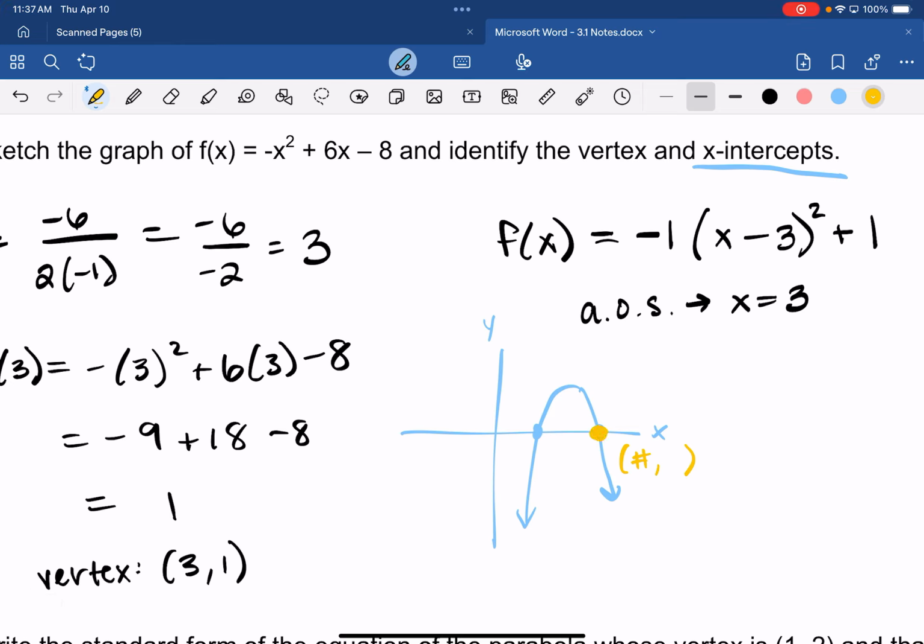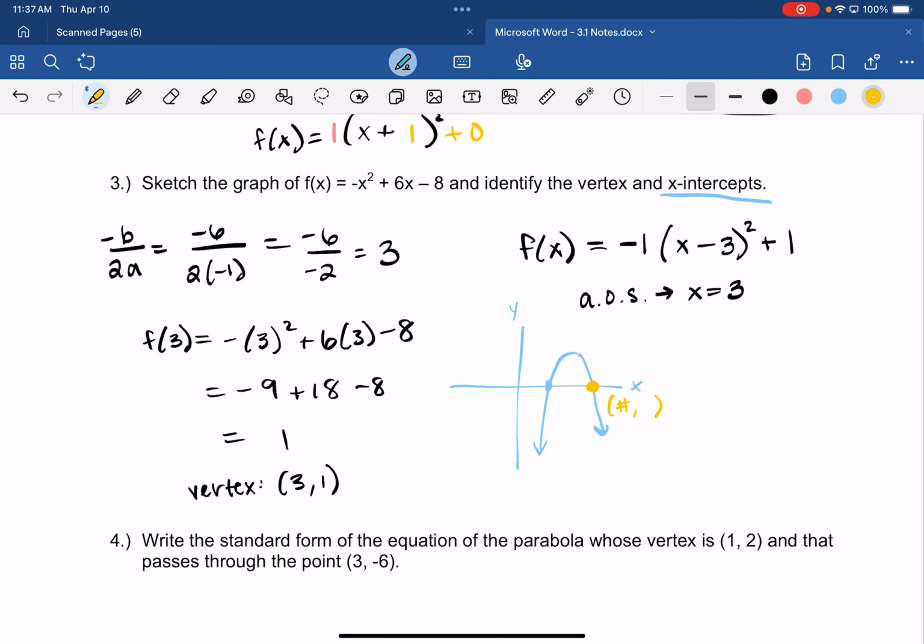Where am I? Right here. What's my y value? 0. Okay? So to find our x-intercepts, we're going to replace f of x with a 0.